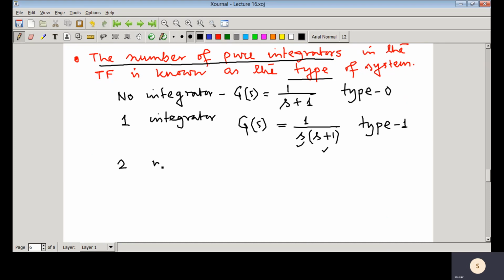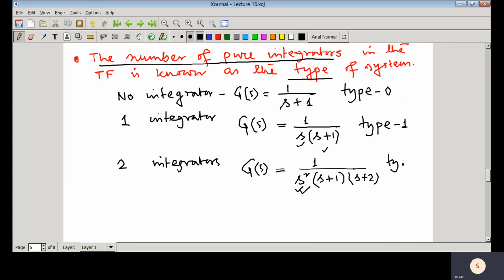Now two integrators. Suppose you have a transfer function which is 1 by s square into (s plus 2). Here you can see that there are two integrators at origin. So that's why it is called a type 2 transfer function, and so on.